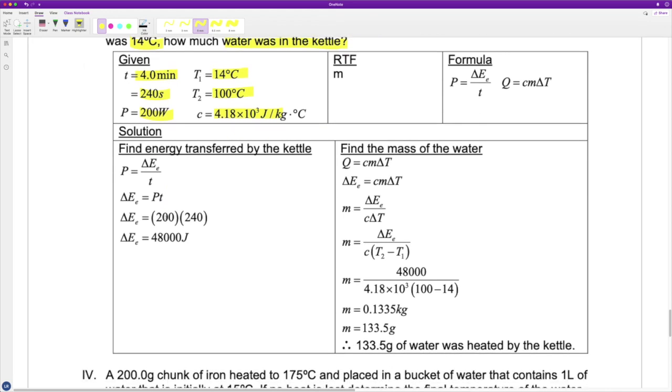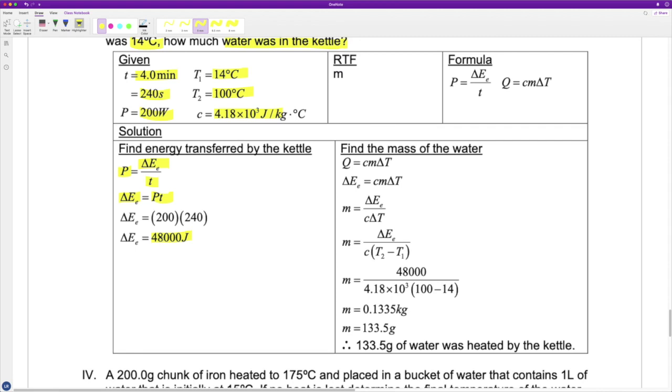So first of all, we have to figure out the amount of thermal energy that was transferred to the kettle. So power is equal to the change in energy or work over time. So the amount of electrical energy that gets converted is going to be equal to the power of the kettle times the time. So 48,000 joules of thermal energy is theoretically transferred to the water.